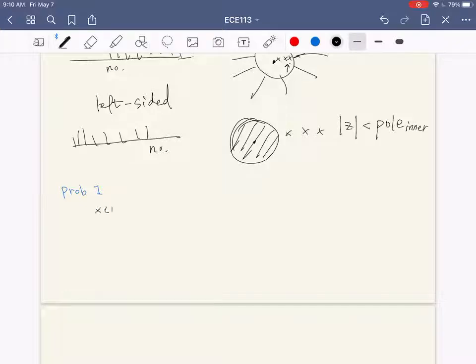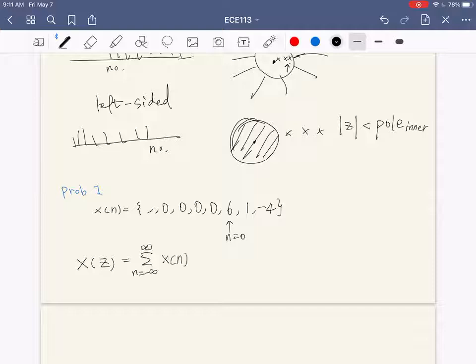Okay, I found the question. So first, I give an example of x(n) in the time domain. And here is n equals 0. Let's compute the Z transform together, and you'll see how easy it is. So we have X(z) equals the infinite sum. Oh, sorry, there's a 3 here. So you see that it is not a causal signal. So we have to use negative infinity to positive infinity for our range of n.